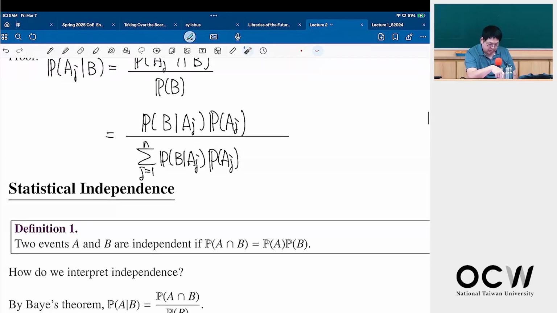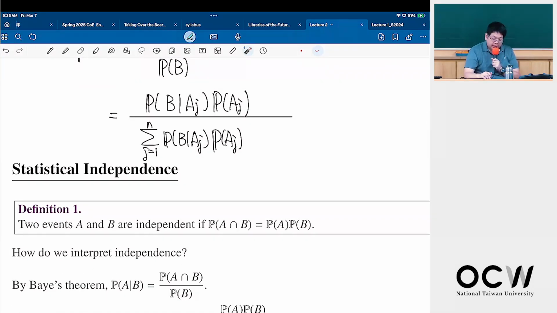Now, before we really talk about the random variable, we still need to know 3 more concepts. This concept is called statistical independence.